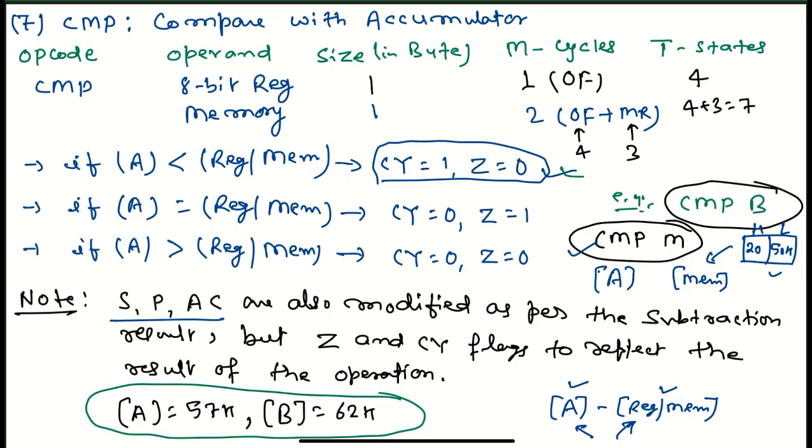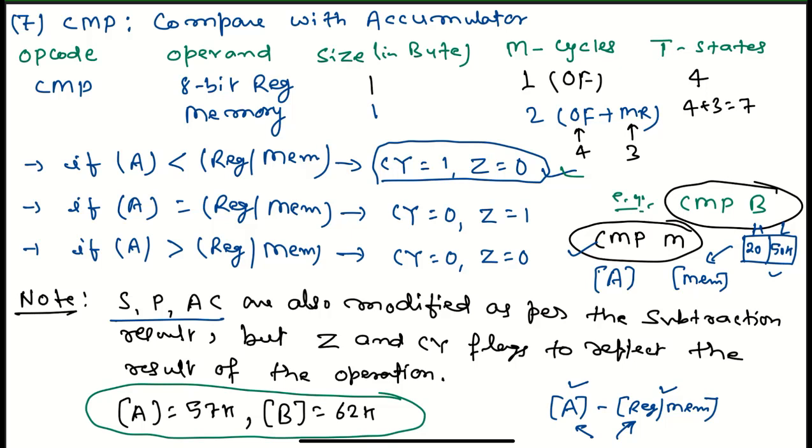So I hope you understand this instruction with much clarity, how their carry flag and zero flag is used to reflect the result, and how it is going to change or modify the rest of the flags. Apart from that, the major key point here is it is not going to alter the content of accumulator, it is not going to alter the content of register or memory location.